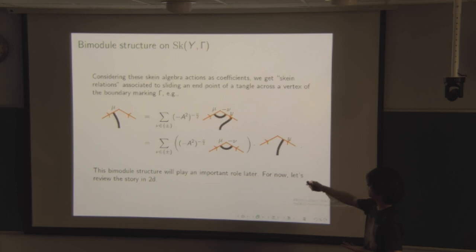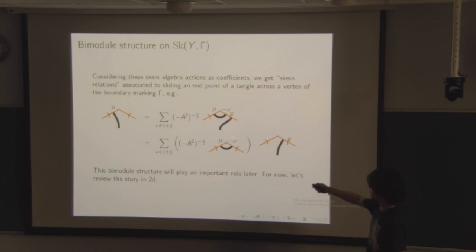We can apply one of the stated skein relations to collide this to this boundary marking and express it as a linear combination of it. And then we can look at this small stated tangle as an action of the corresponding element of a stated skein algebra on the stated skein module.